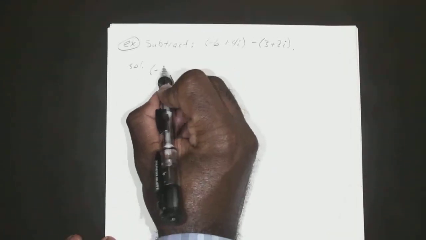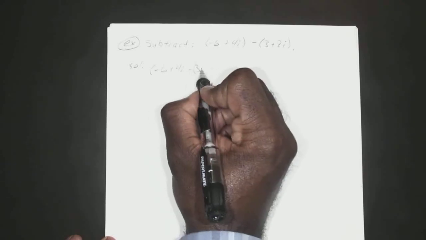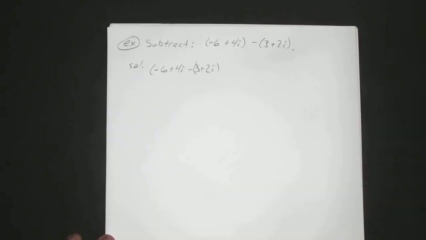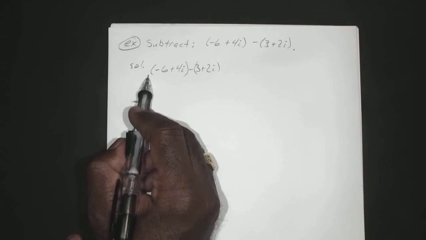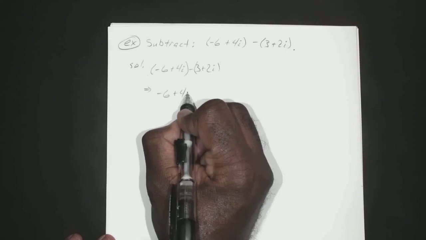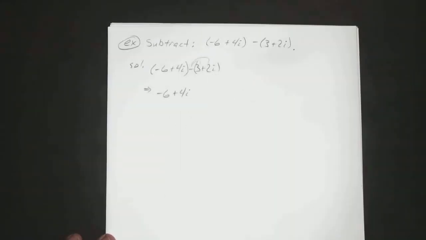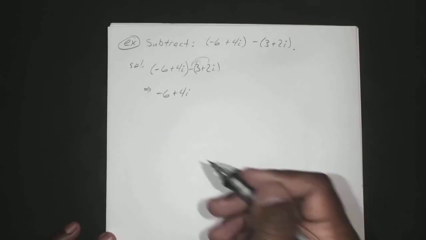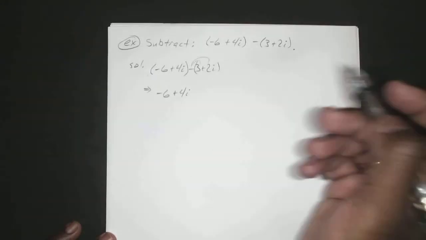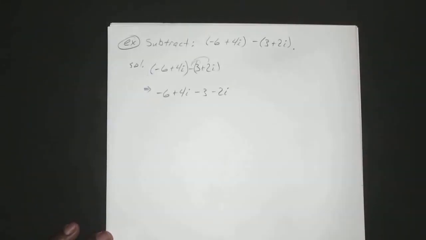Okay, and we just rewrite it. Now this one, you can just drop the parentheses there. So you have -6 plus 4i. This one, just like you would if it was a variable, you just distribute your -1 to the 3 and 2i. So you have -3 minus 2i.